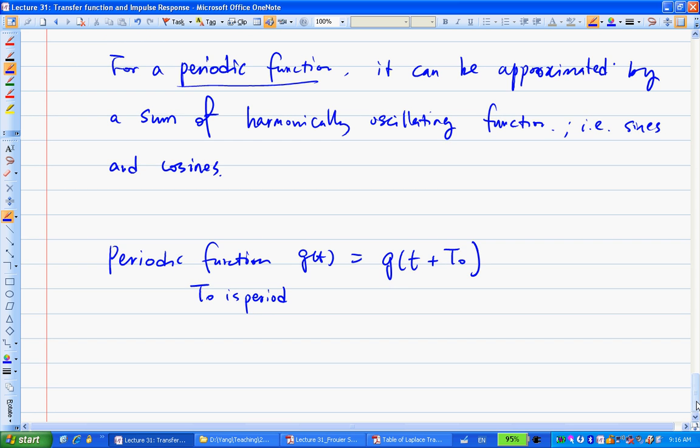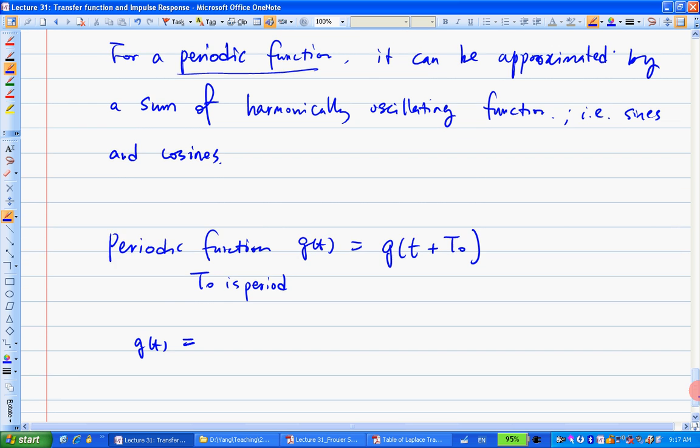So what do we mean by approximating this g of t with a sum of sines and cosines? This is basically the Fourier series, the definition or the theory, whatever you call it. g of t can be approximated using a sum of series of sines and cosines.